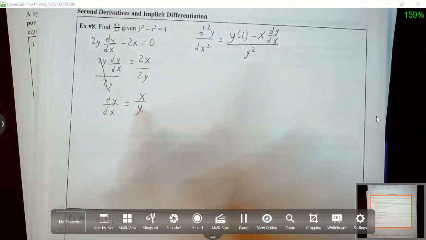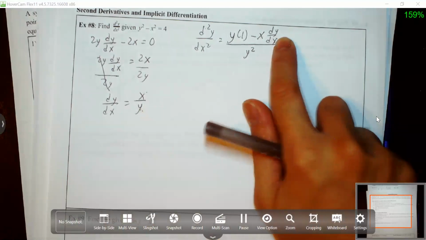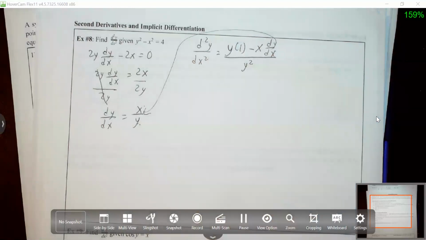However, I already know what dy over dx is. It's right here. It's equal to x over y. So I'm just going to go ahead and plug that into my second derivative equation.